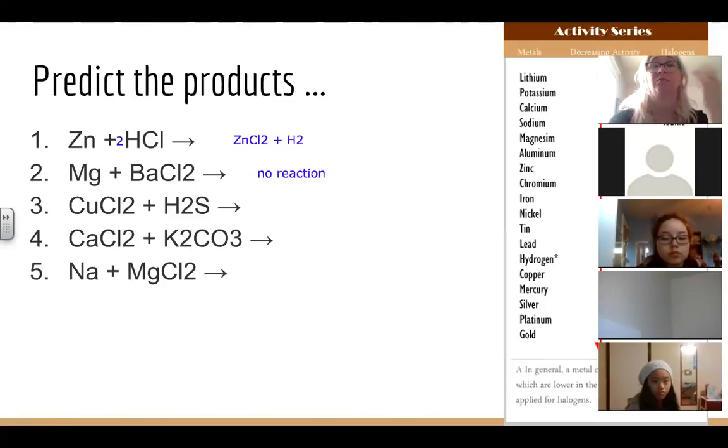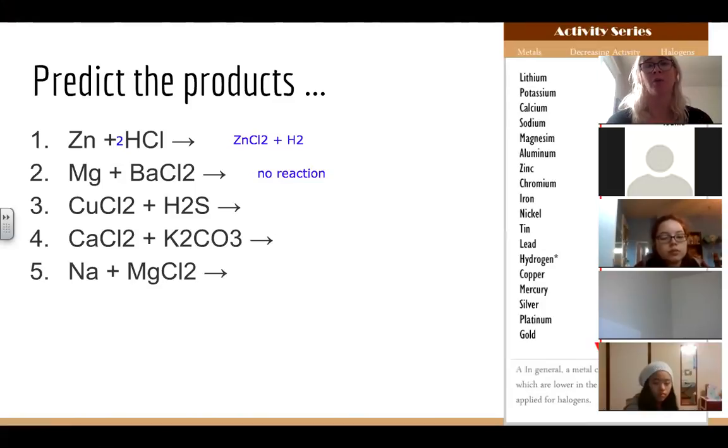Abby says double. Yeah, it would be double. Right? So I want you guys to try to figure out what compounds could form if this is a double replacement reaction.